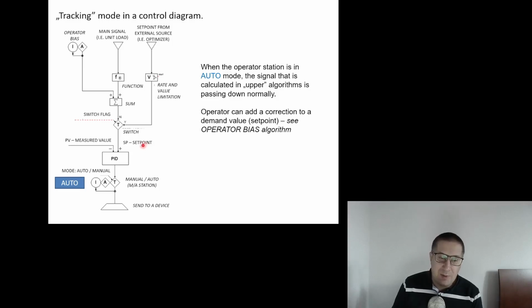Like, for example, we have some function, some characteristic that calculates what the set point should be for the current unit load, for instance, or some main signal, right? Usually it can be biased by the operator, so the operator can add something to this signal, can increase or decrease this set point a bit.